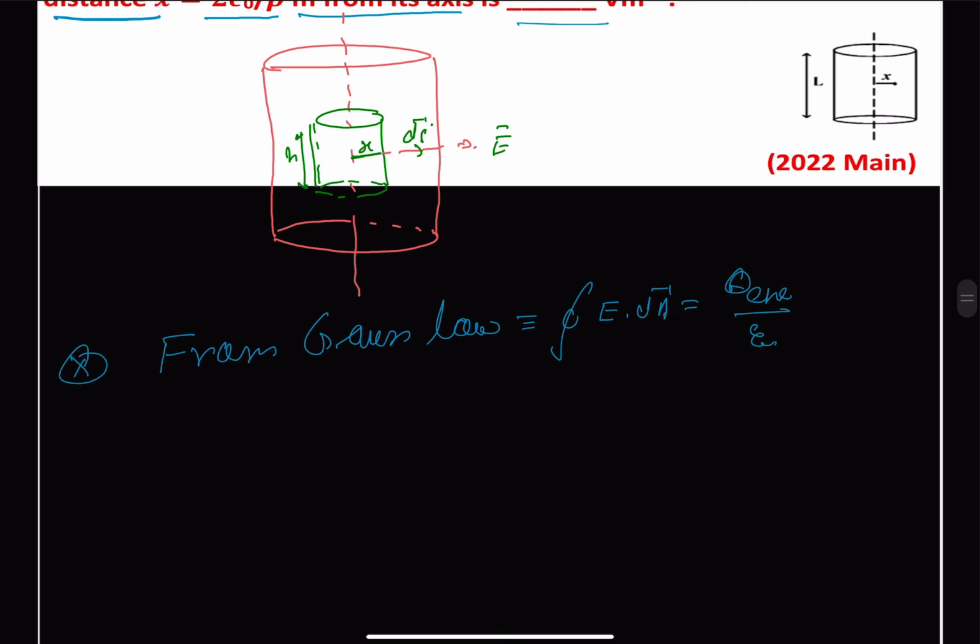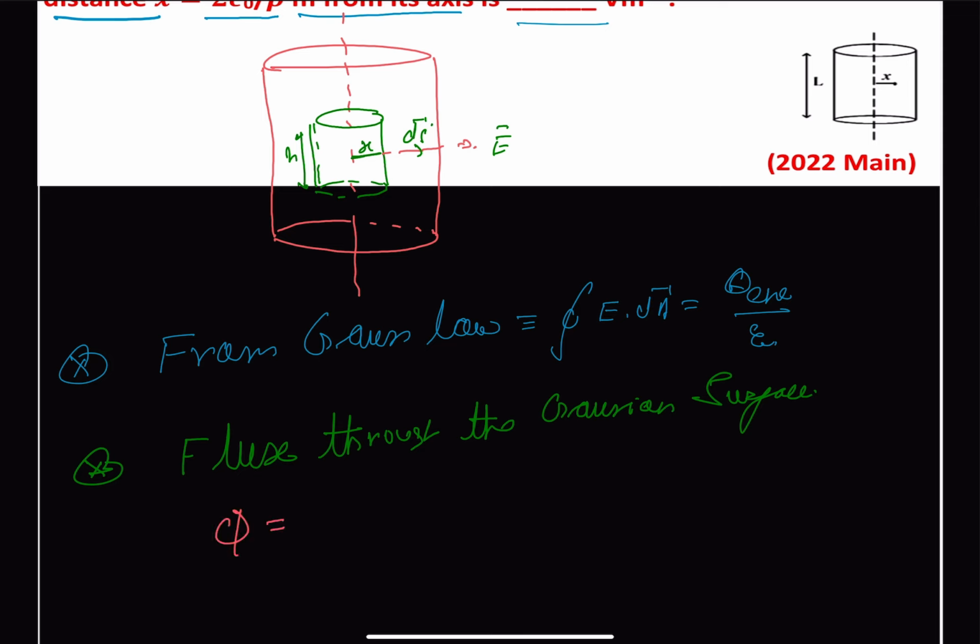Therefore the flux through the Gaussian surface, phi, will be equal to the electric field multiplied by the curved surface area.